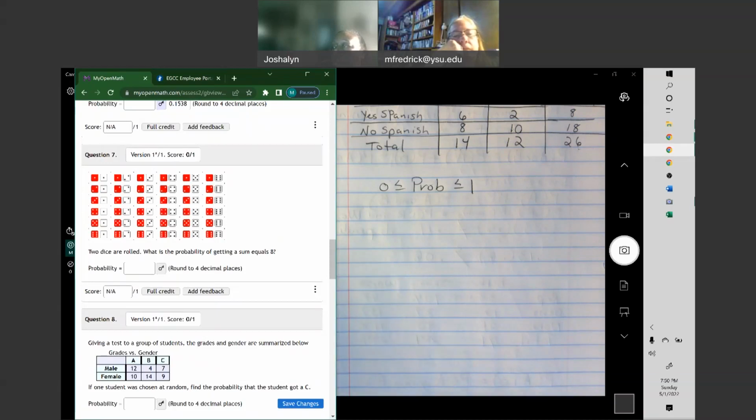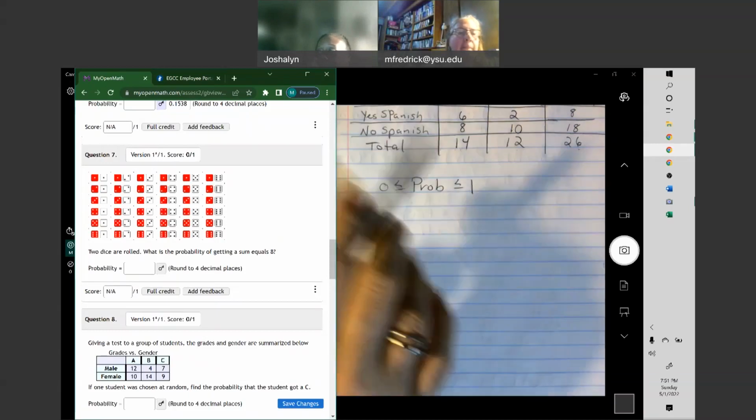So I have to go through and find the ones that equal 8.